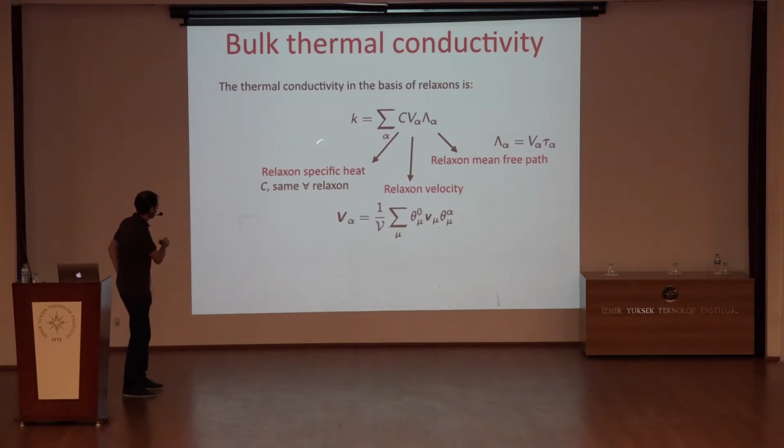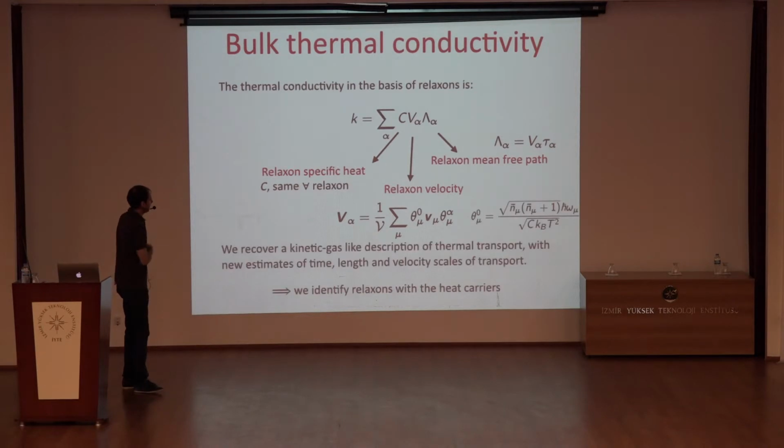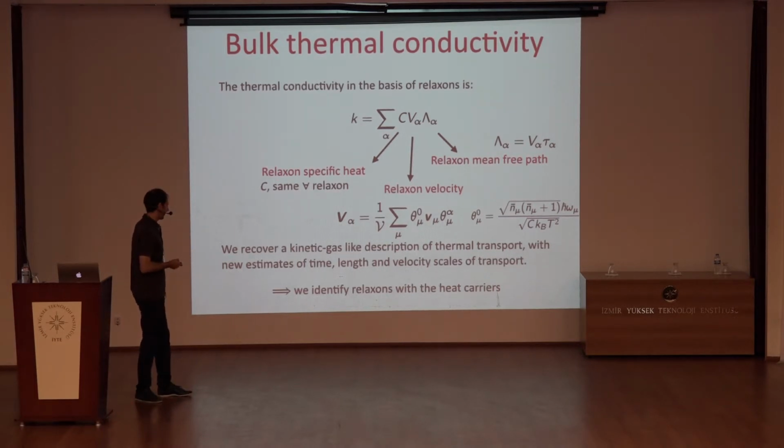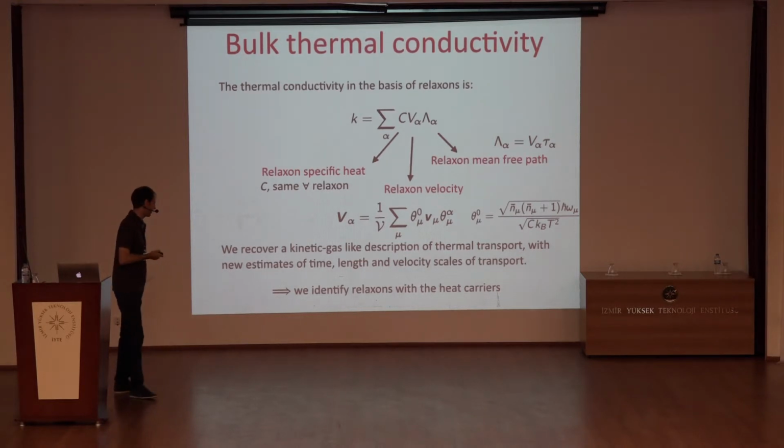So of course, this expression is important because it is telling you precisely the velocity, time, and length scale of the heat flux transport and how it takes place inside the material. And of course, this is basically the same expression as in kinetic gas theory. So you can, in this sense, think of the crystal and the thermal transfer taking place inside of it as a kinetic gas theory, but the gas is not made out of phonons anymore.